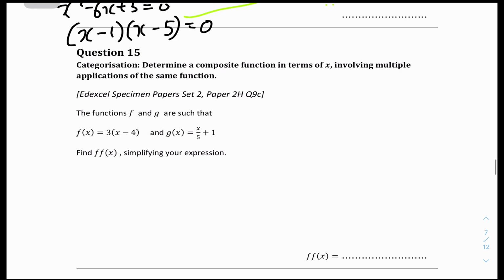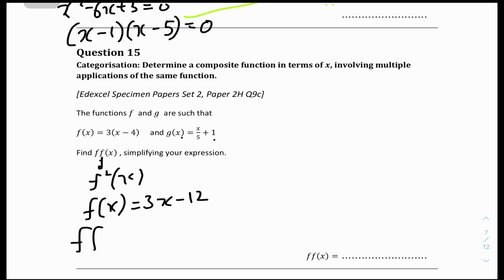In question 15, the function f is given as f of x equals 3(3x minus 4). Find f of f of x, simplifying your expression. So actually let's just expand the bracket for f of x first because it's much easier. It'll be 9x minus 12. So that means f of f of x will be 3(3x minus 12) minus 12.